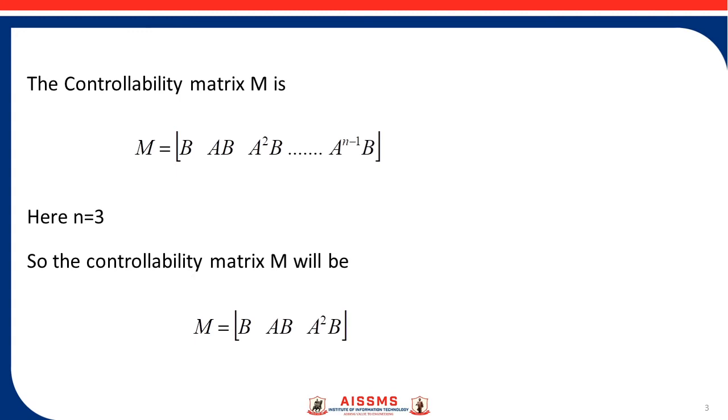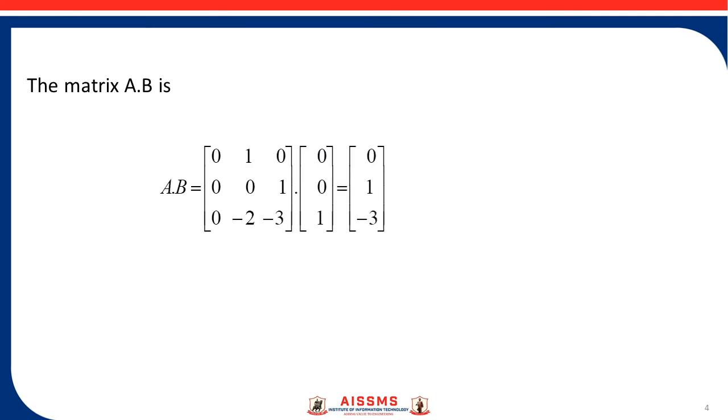So first of all, we have to find A dot B, and then A square, and then A square dot B. Matrix A dot B: matrix A is of order 3 by 3 and B is of order 3 by 1, so the resultant matrix A dot B will be of order 3 by 1, that is 0 1 -3.